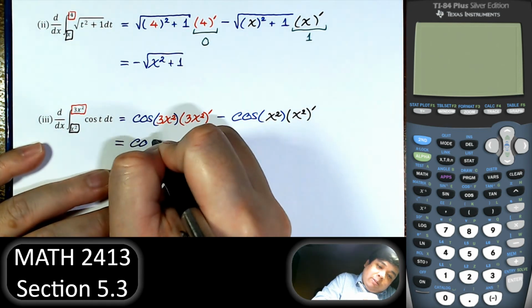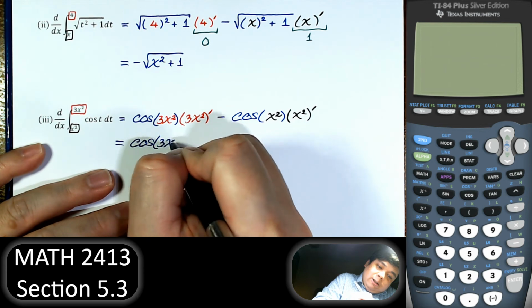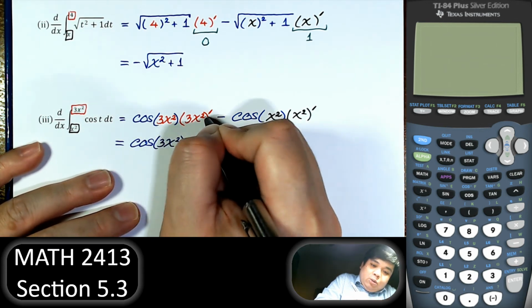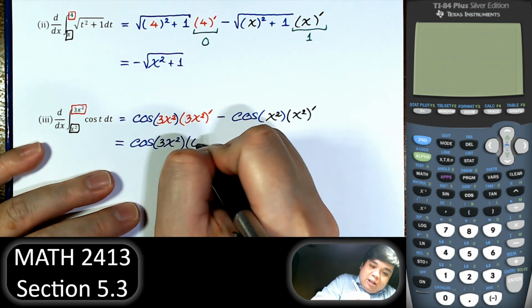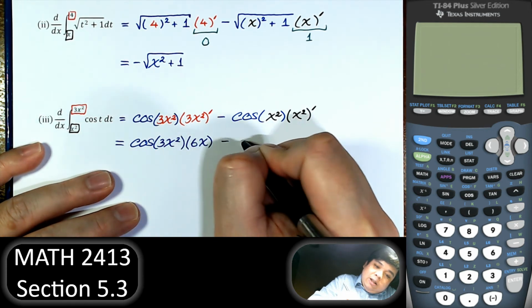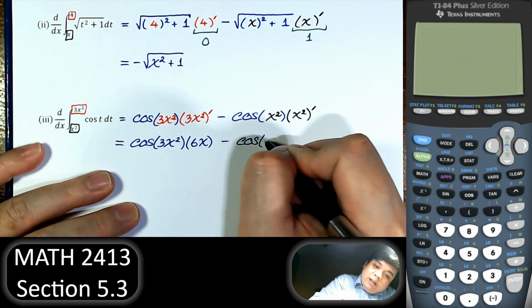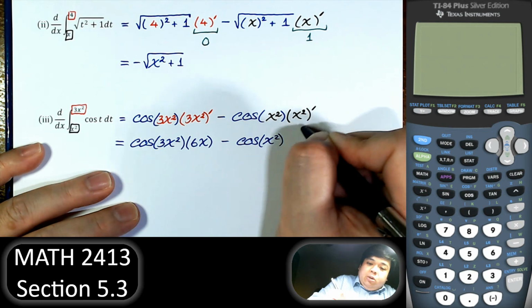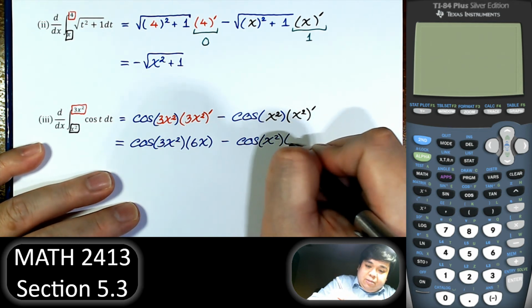So I have cosine of 3x squared. The derivative of 3x squared gives us 6x. Cosine of x squared, the derivative of x squared is 2x.